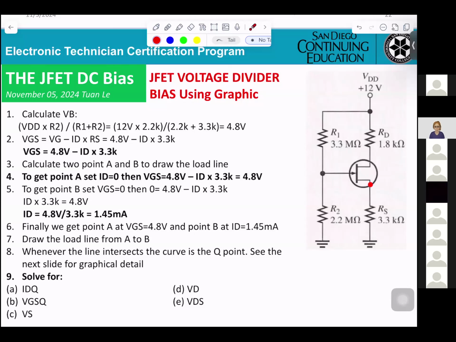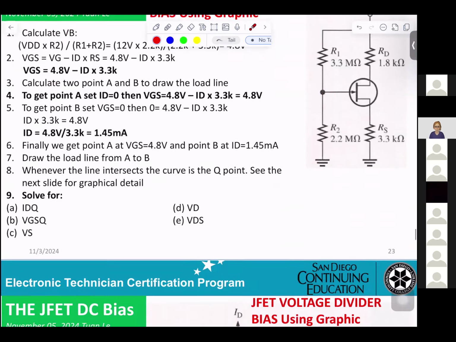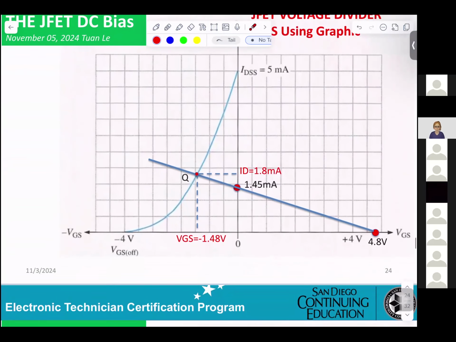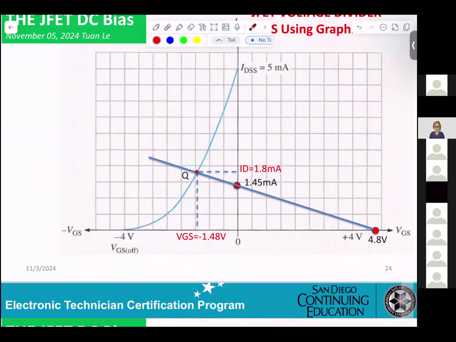You need a graphic. In here, if you go through that, you can see you can calculate the VG right here. That means the gate right here. Then the only way you can do it is using the graphic they give here. This is a graphic.